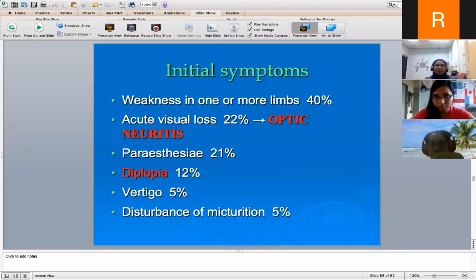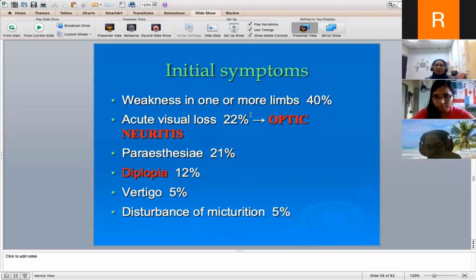If the patient comes with other symptoms of multiple sclerosis, remember your medical posting, they can have limb weakness, which occurs in 40% of patients. But remember that 60% of them, the majority, do not have any weakness of the limb. They come only with optic neuritis.